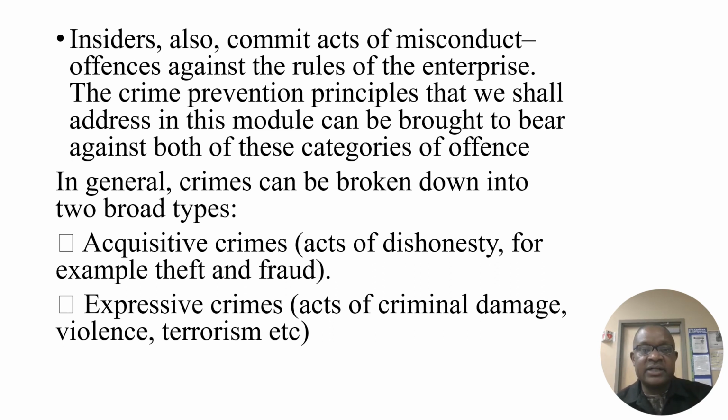Insiders also commit acts of misconduct. This one you know a lot. Insiders commit a lot of misconduct, offenses against the rules of the enterprise. The crime prevention principles that we shall address in this module can be brought to bear against both of these categories of offense.